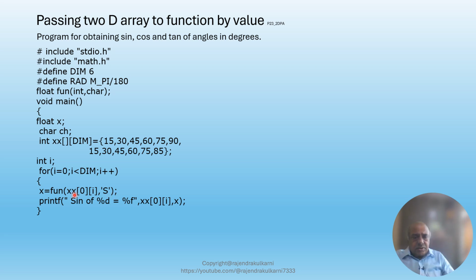We want the values of sine of these angles to be returned by the function, and this printf statement displays the values received from the function, which is this x. Float x collects the value every time it is returned by the function and displays it through this printf statement.